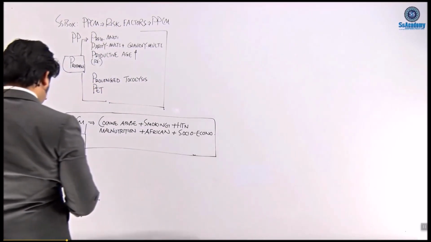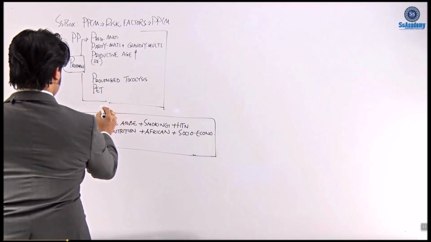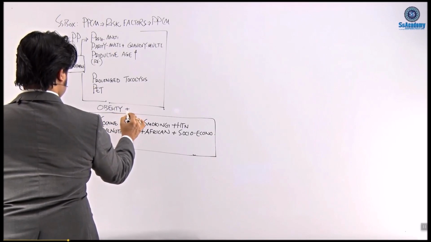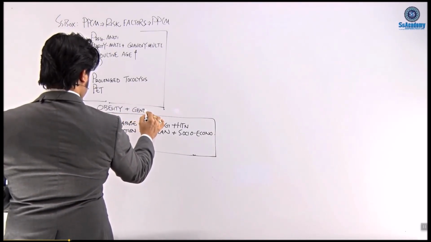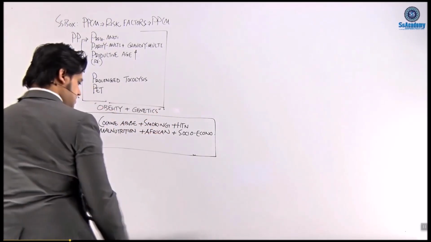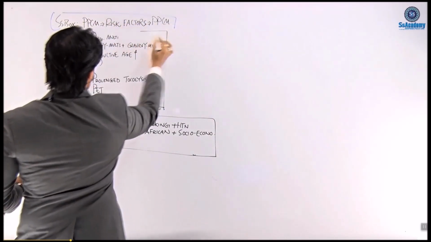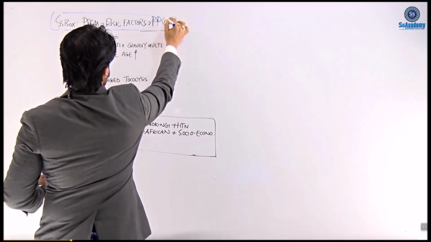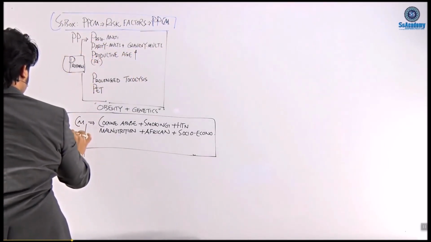Once again, in between we can write obesity and genetics. The way I'm writing might make your notes helpful. So once again, just look at the board, starting with PPCM, the risk factors. We put the PPCM mnemonics, probable risk factors and proposed risk factors.